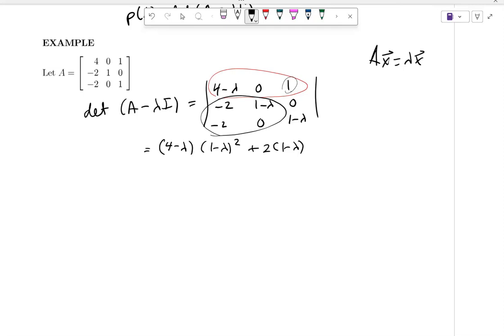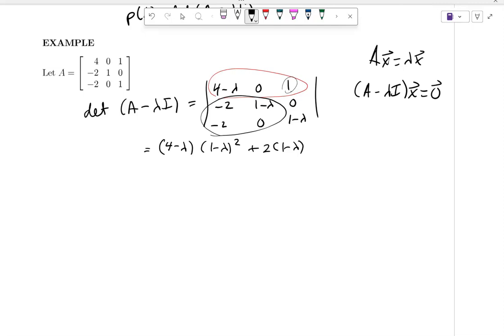We're trying to replace matrix multiplication with scalar multiplication. We turned that into a homogeneous system, right? Subtracted over, wrote lambda x as lambda times I times x, and factored out the x.